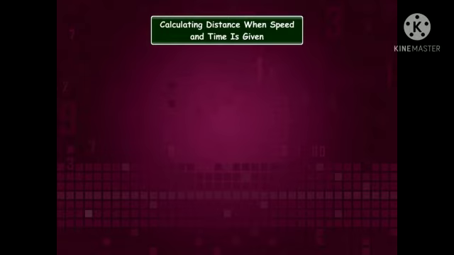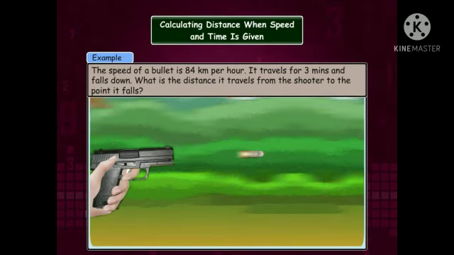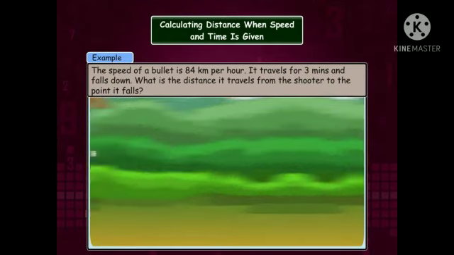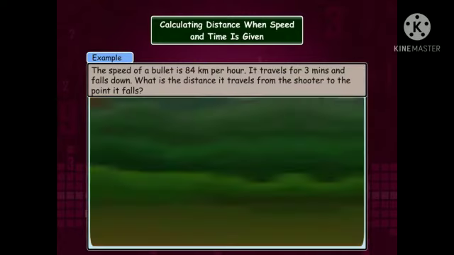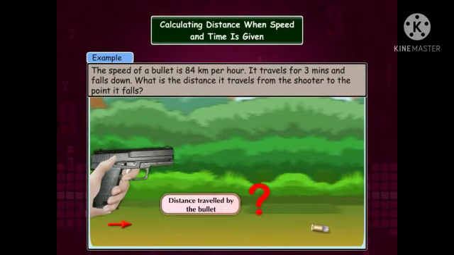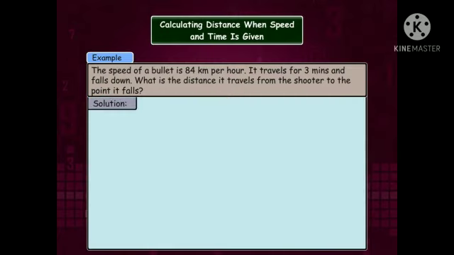Calculating distance when speed and time is given. The speed of a bullet is 84 kilometers per hour. It travels for 3 minutes and falls down. What is the distance it travels from the shooter to the point it falls? Solution. Speed is equal to 84 kilometers per hour.